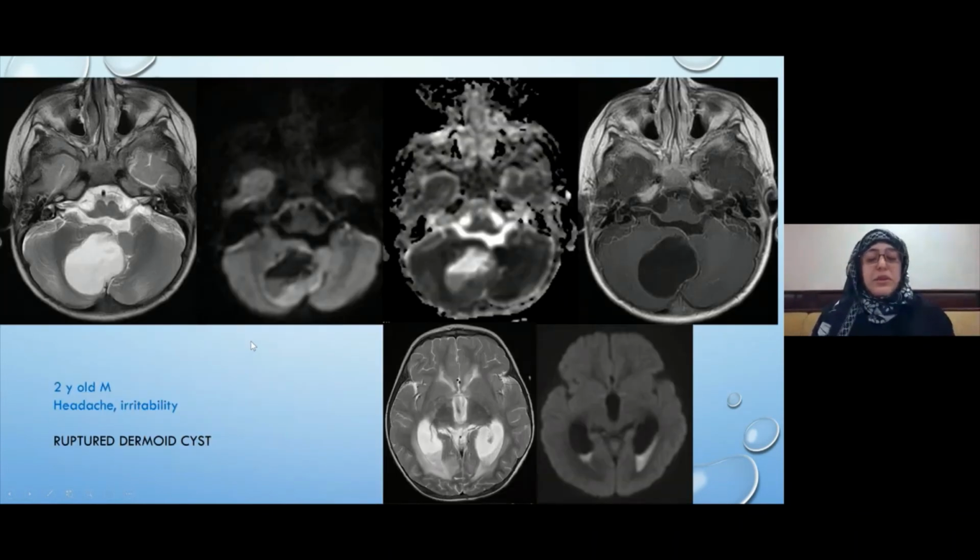Ruptured dermoid cyst is a main differential in such an abscess in the pediatric population, because it can have a diffusion restriction, and when it ruptures, this diffusion restriction can be seen in the extraaxial spaces and within the ventricle, similar to cases of meningitis.